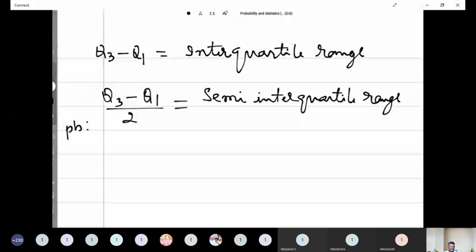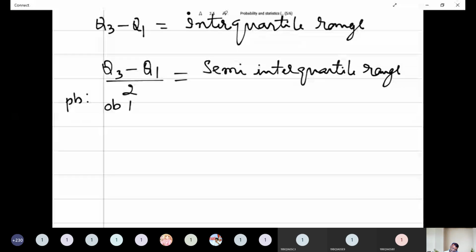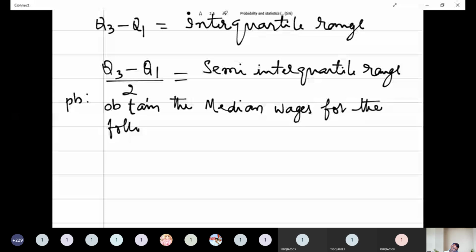Obtain the median wages for the following frequency distribution. Now note down the data here.